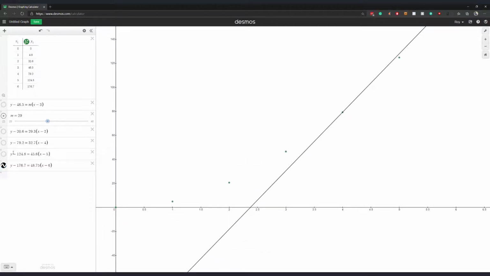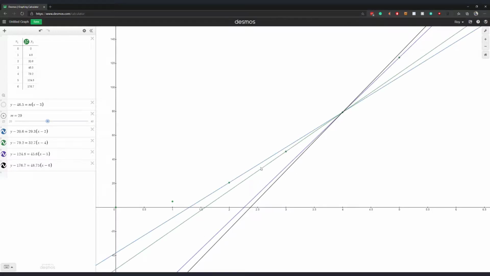Altogether, it can look like a bit of a mess if you turn all these on at once, but it gives you a tactic actually for finding the slope of the tangent line at time 3. You can take some averages. Really, the 4 and 6 situations aren't going to help, but the blue line and the green line there give me secant lines between times 2 and 4 and times 3 and 4.